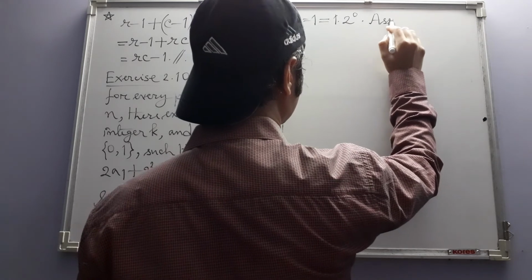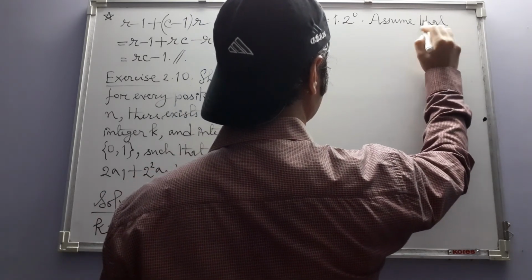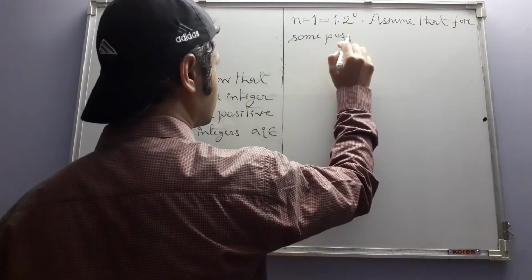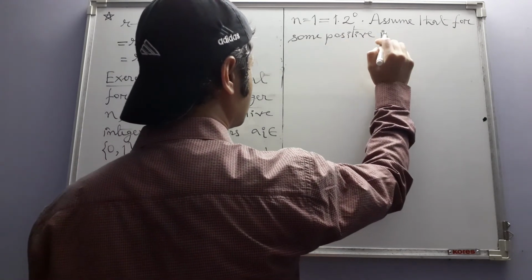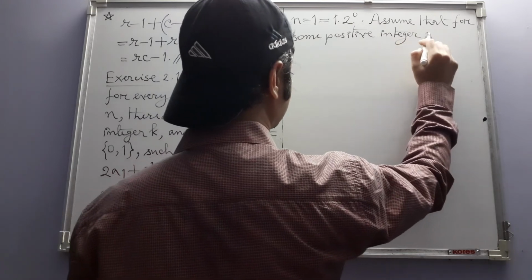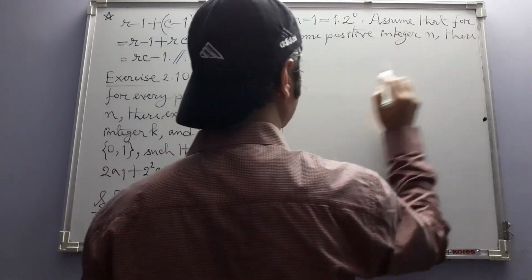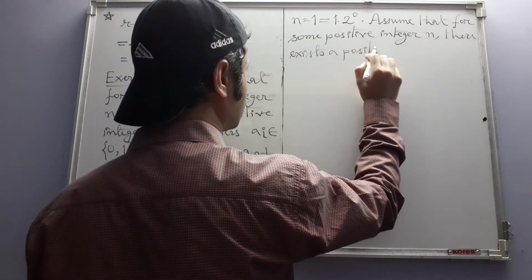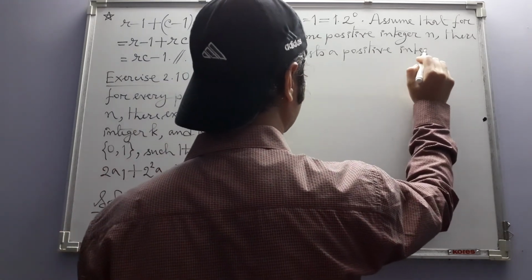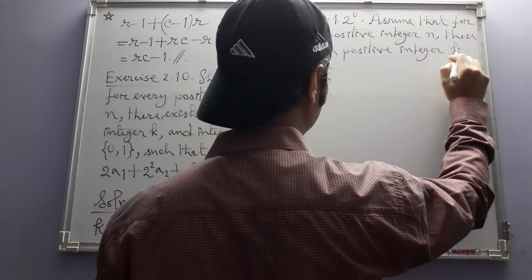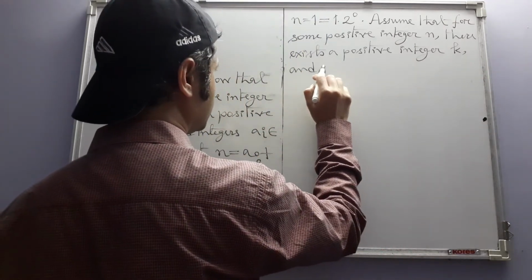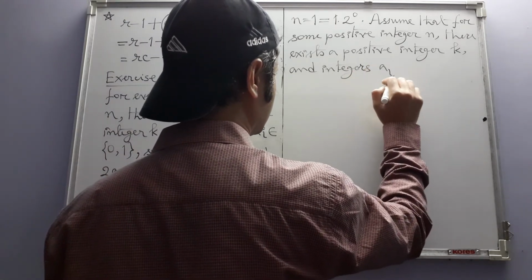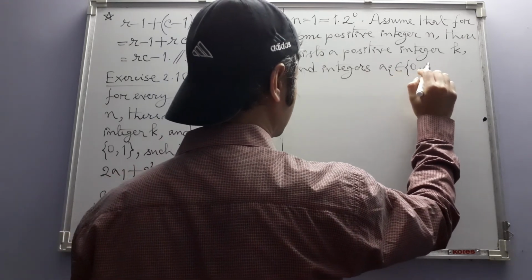Assume that for some positive integer n, there exists a positive integer k and integers ai coming from this set.